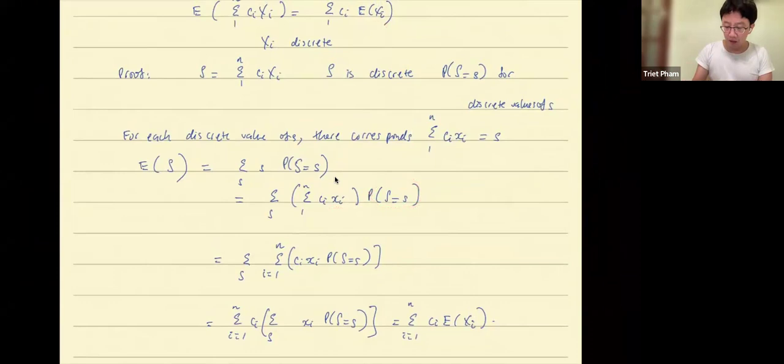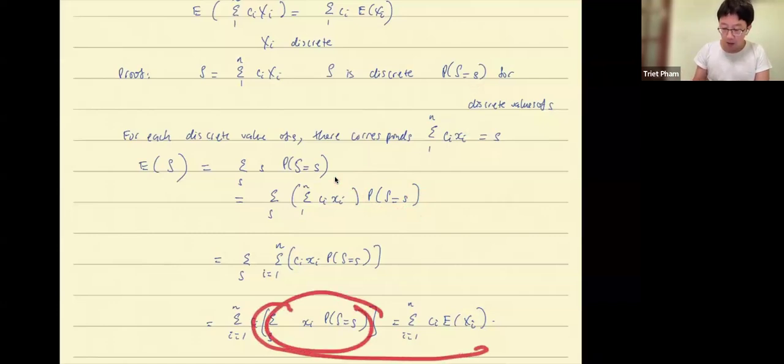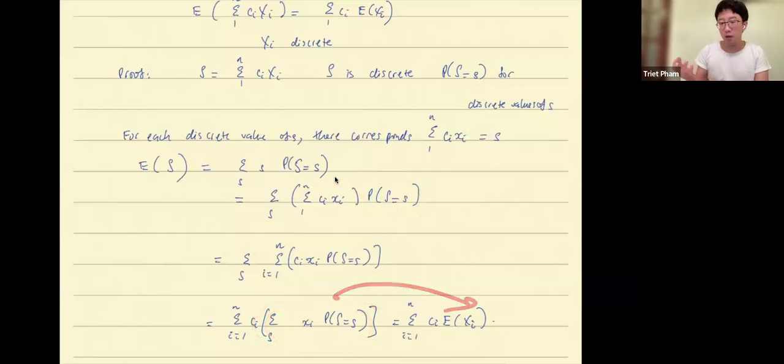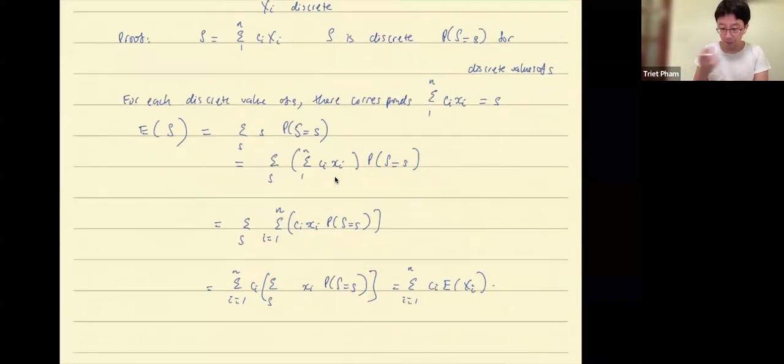Basically, this probability, even though we represent it like this, is really the probability of an outcome, like an outcome that S equals a small value s. These probabilities of outcomes can be distributed into the sum over the Xi, because the sum is linear. And then you switch the order of the sum, summing over these outcomes first. Then that will become the expectation over the individual Xi, the individual random variable.